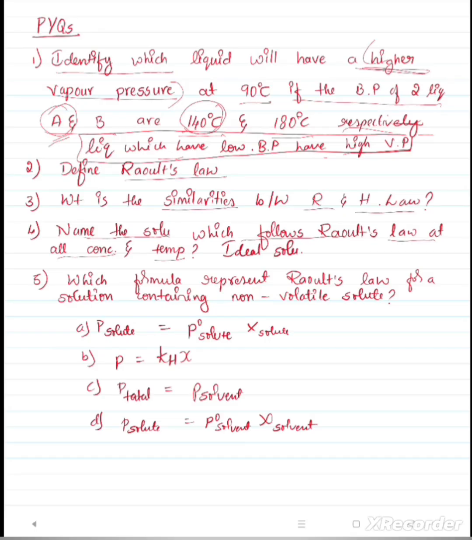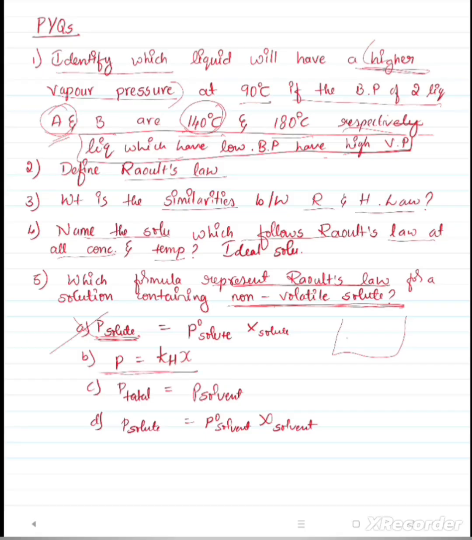Then which formula represents Raoult's law for a solution containing a non-volatile solute? I already discussed this one. If the solution has a volatile solvent and a non-volatile solute, then which one will relate? The first one is the partial pressure of the solute. The solute is non-volatile, so it will not create partial pressure. So the first one is wrong.